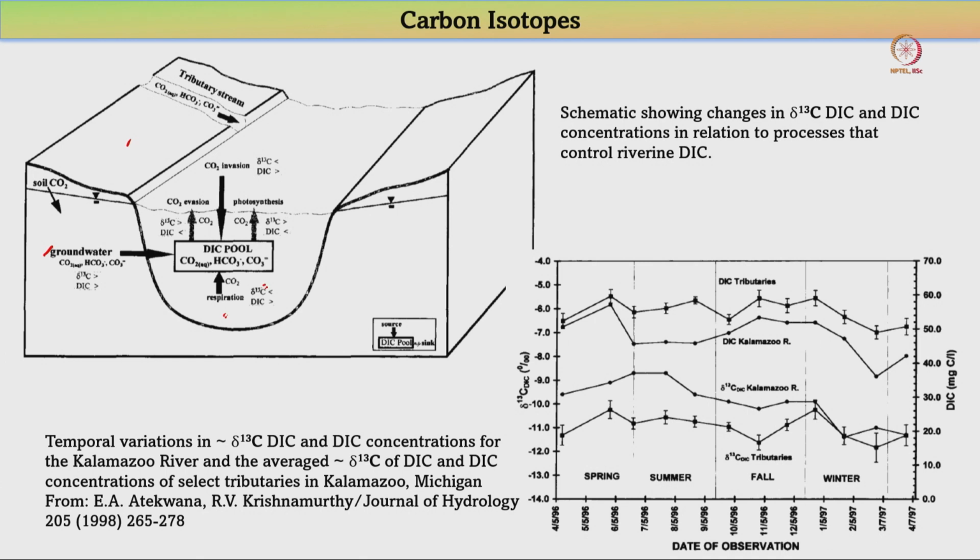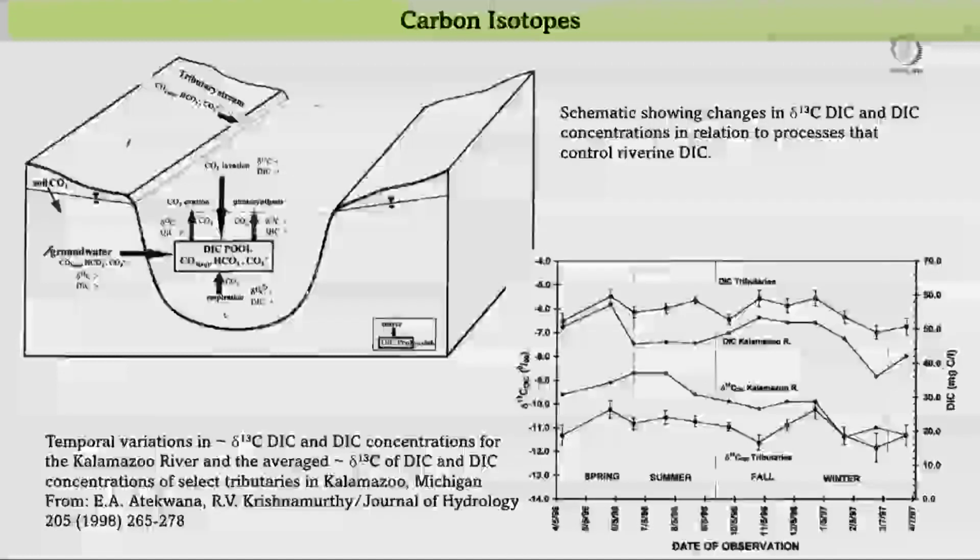Why? Because with more respiration, 12 carbon is coming in as gas, right. So, my delta 13C is getting lowered, but since more and more carbon dioxide gas is getting incorporated and dissolved, it will form DIC, right.